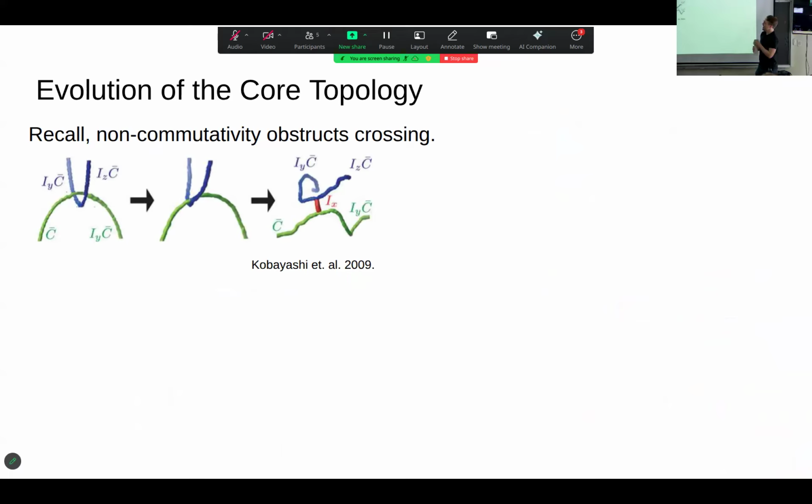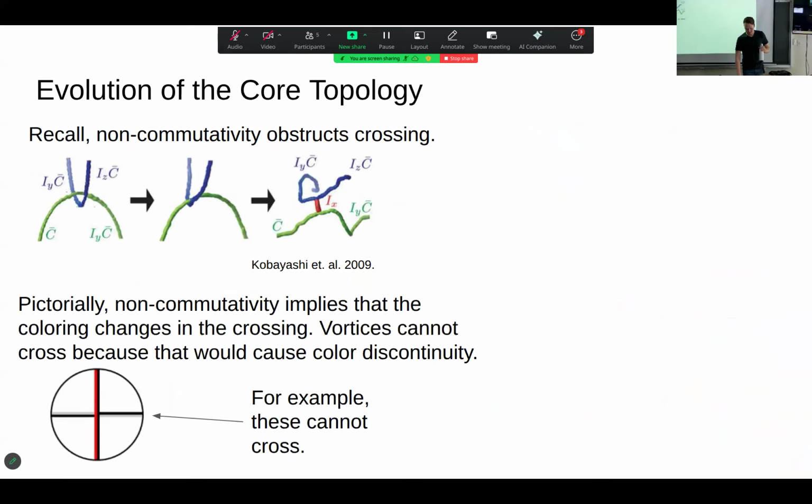This picture also makes it clear how to think about the evolution of the core topology. Remember, non-commuting vortices cannot simply pass through each other. In this framework, non-commutativity means that something discontinuous happens in the coloring.